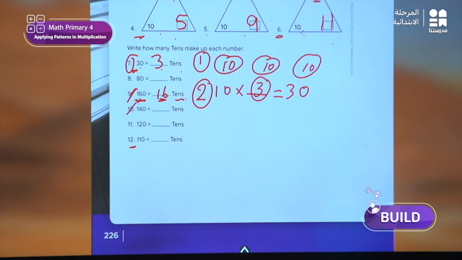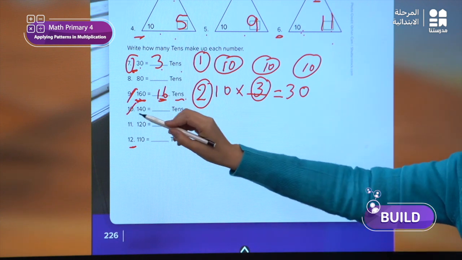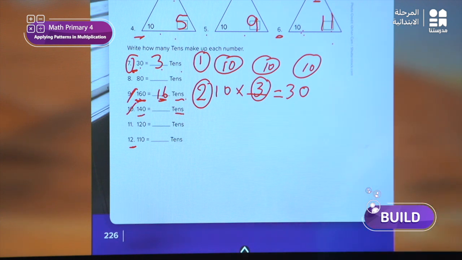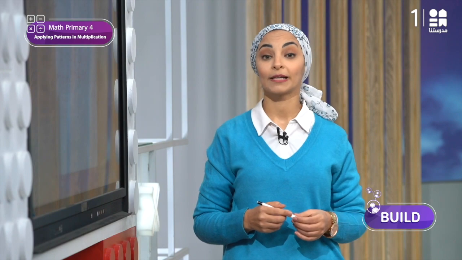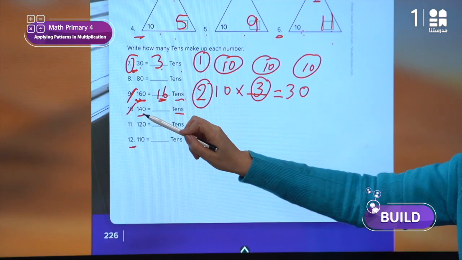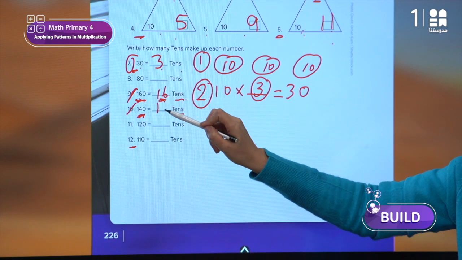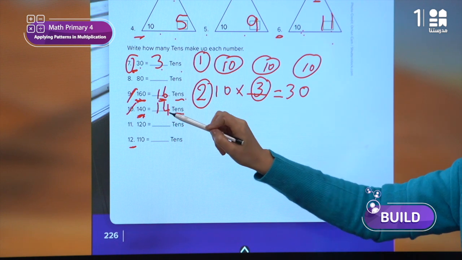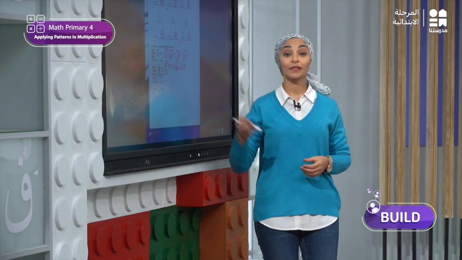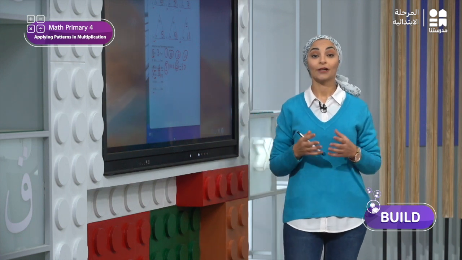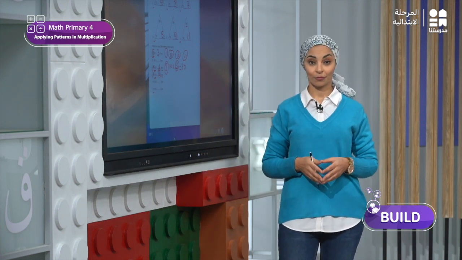Problem number 10, he's asking me how many tenths are there in 140؟ يعني ال 140 فيها كام tenths؟ If you take the number starting from the tenths place to be the number of the tenths. I'll take the number starting from the tenths to be 14 tenths. يبقى 140 equals to 14 tenths. Thus we can solve the rest of all the problems and find the number of tenths in each number.